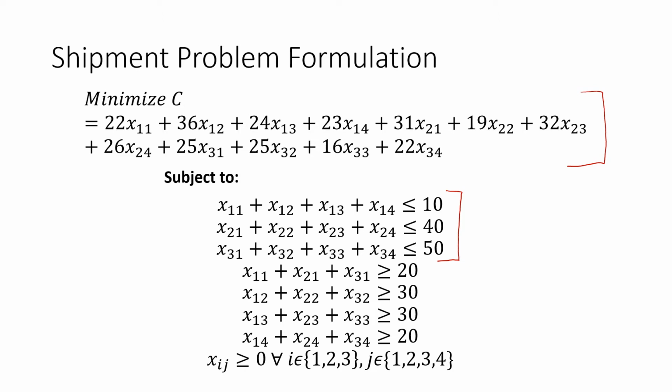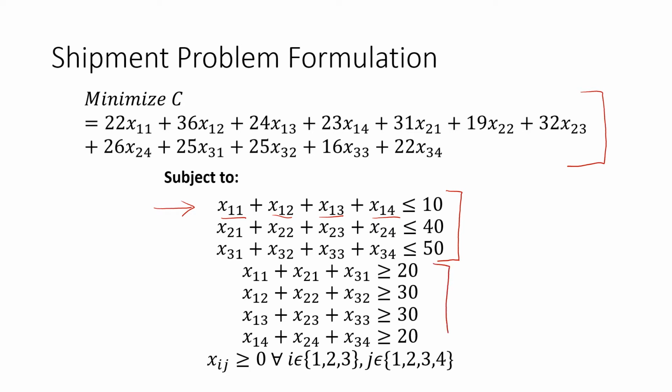So it says warehouse 1 has 10 units of an item in it. This says the amount that it ships to distributor 1 plus the amount to distributor 2 plus distributor 3 plus the amount to distributor 4 can be no more than 10 units because it doesn't have any more than that. So the first 3 equations talk about the supplier side.